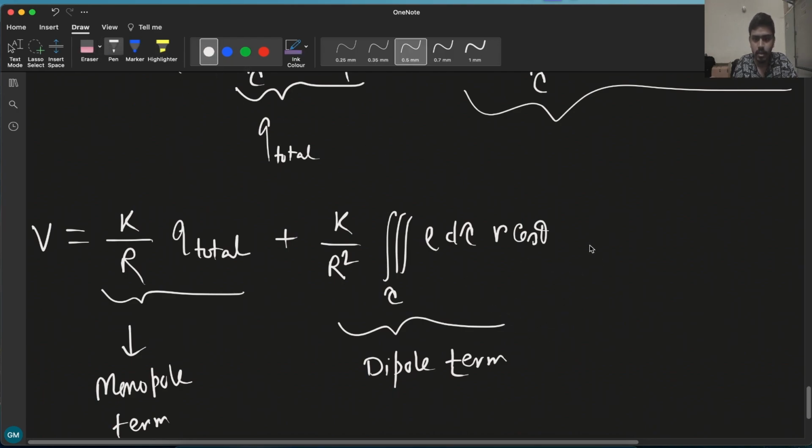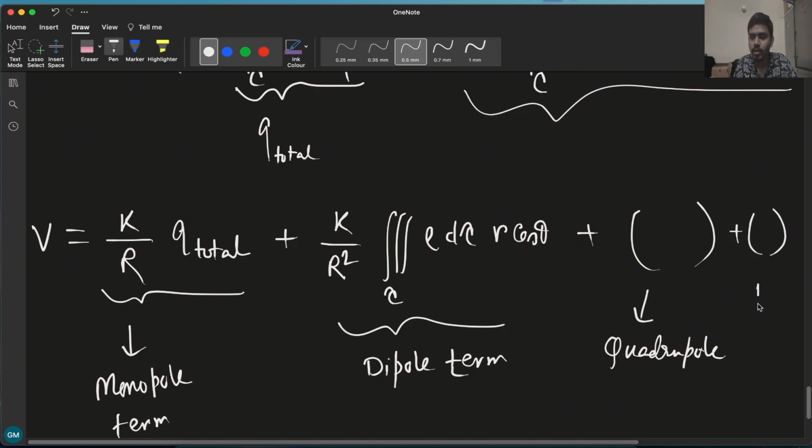And now if I take the next term, it will be the quadrupole term. If I take another term, it will be the octupole term. So it will come from P2 cos θ. The next term will come from P3 cos θ. It will give me the octupole term, and then there will be higher order terms also.